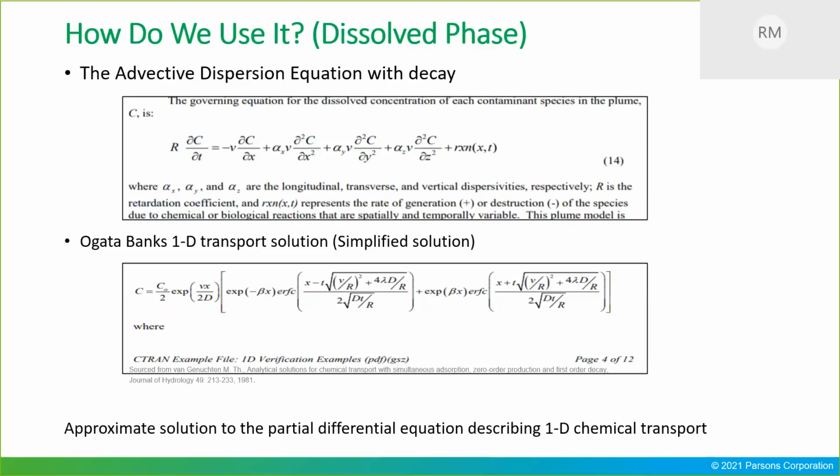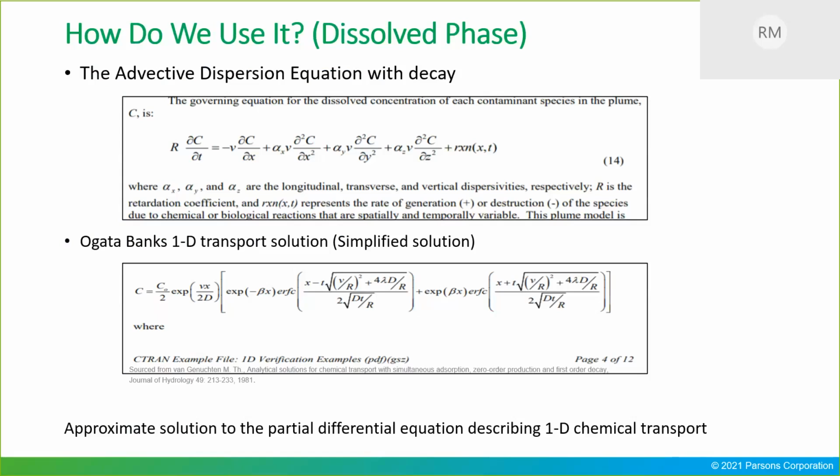So I'm going to briefly talk about the math or the equations that we use when we are developing this tool. Here you can see a classic groundwater flow and transport equation, including decay and adsorption terms. On the left-hand side, there's the retardation coefficient, concentration depending on time.